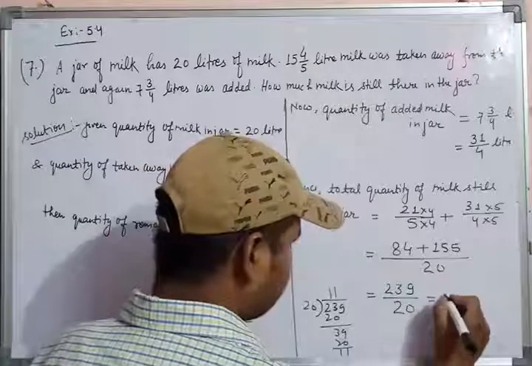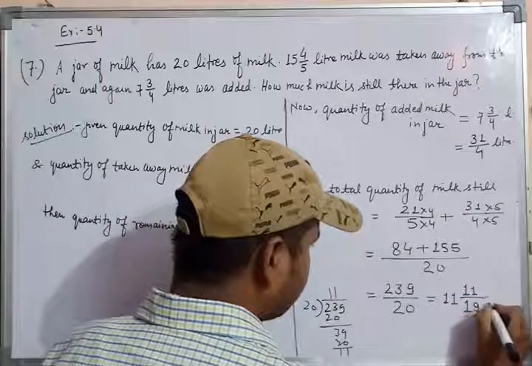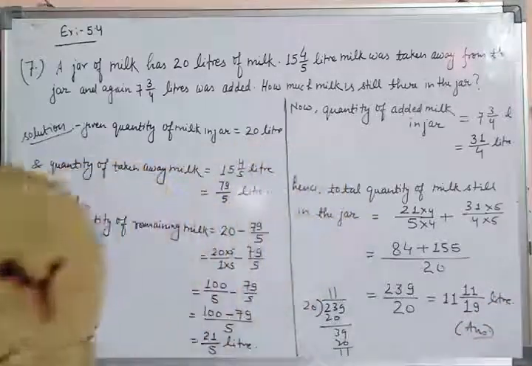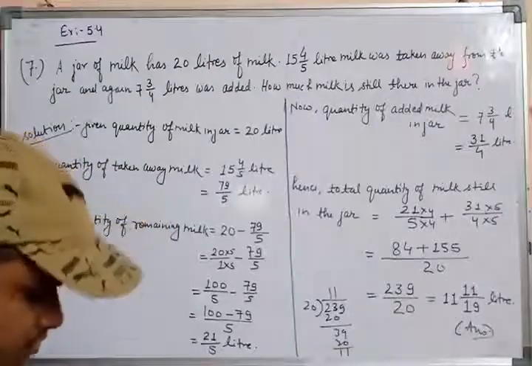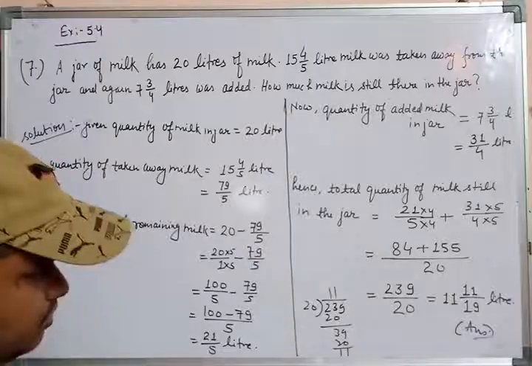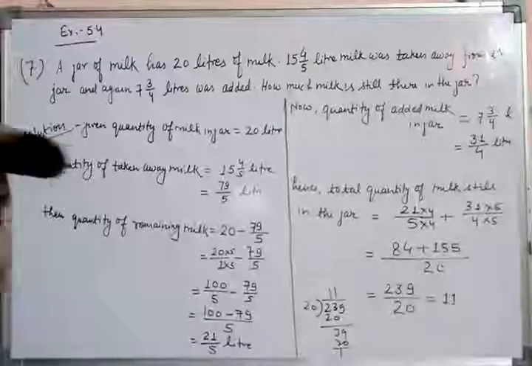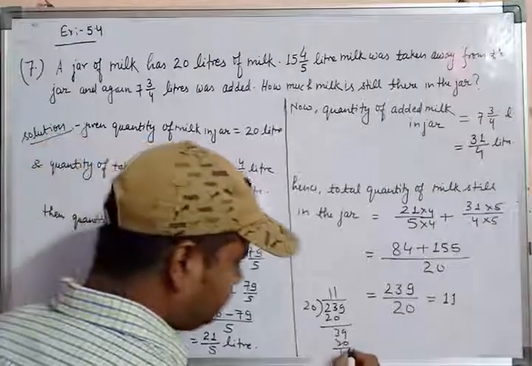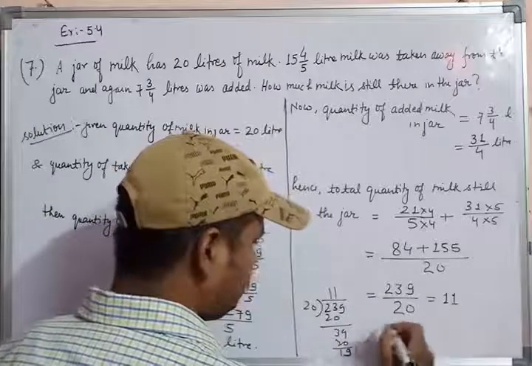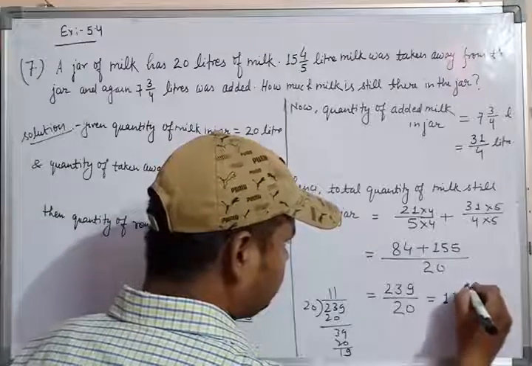So we can write 11, right, 19 upon 20 liter. Okay, this is the correct answer. Here we get 9 minus 0 is equal to 9 and 3 minus 2 is equal to 1.